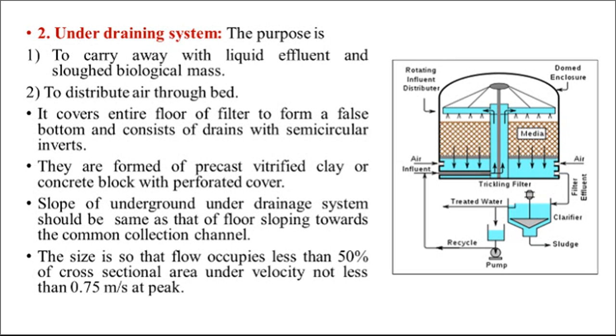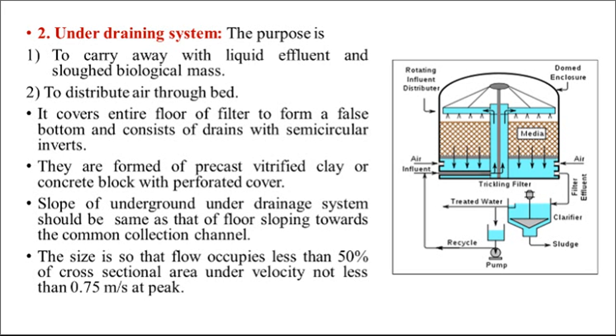It covers the entire floor area of the filter to form a false bottom and consists of drains with semicircular inverts. They are formed of precast vitrified clay or concrete blocks with perforated covers.